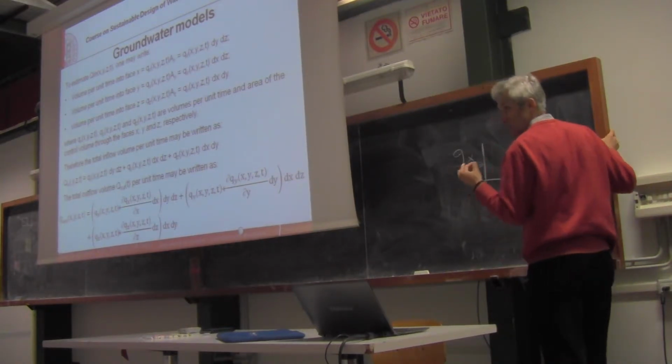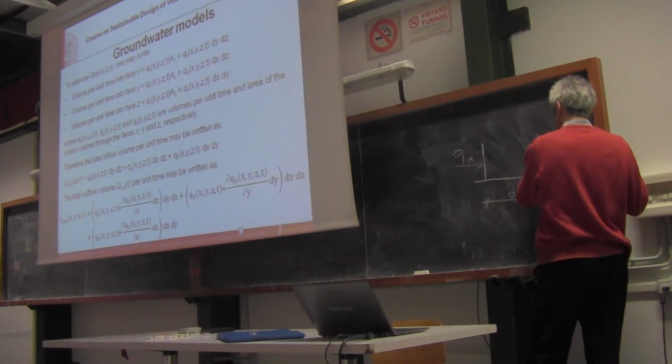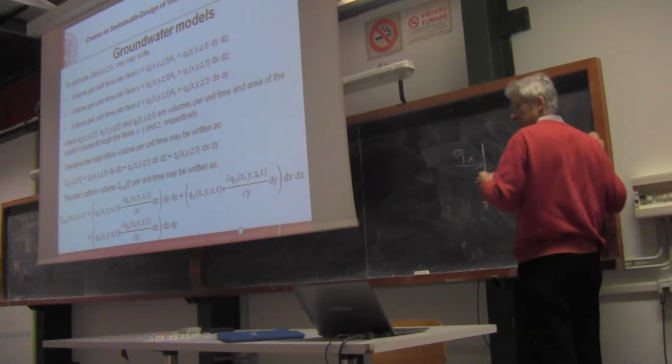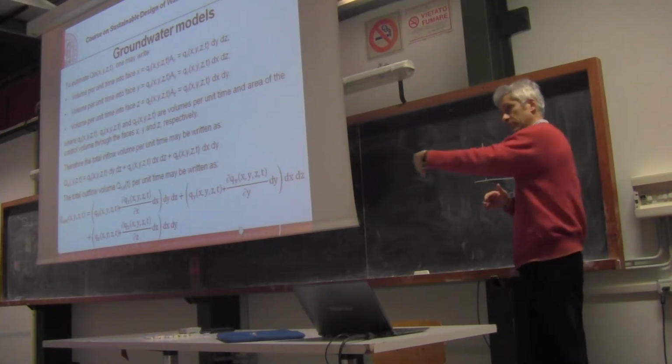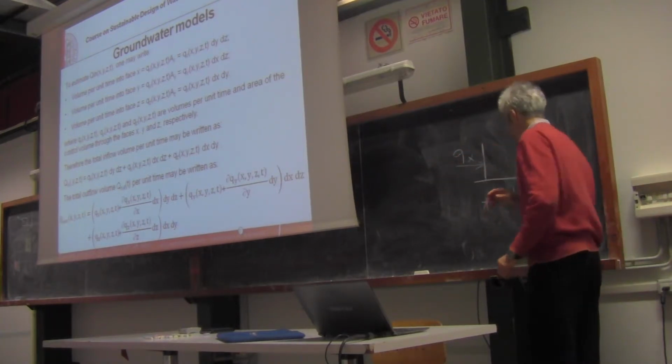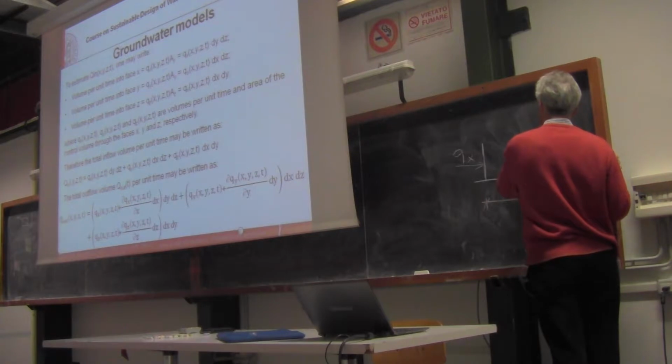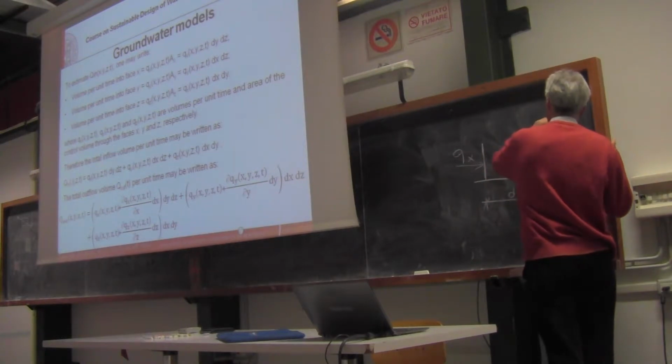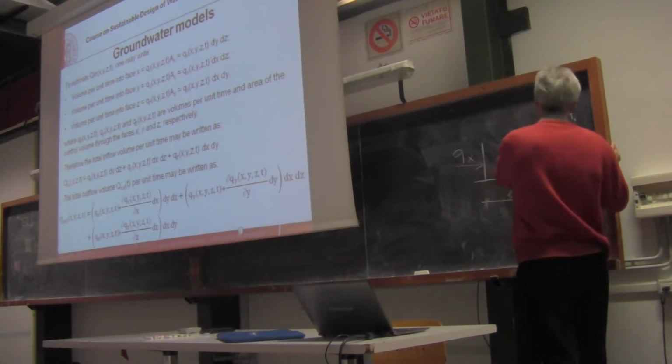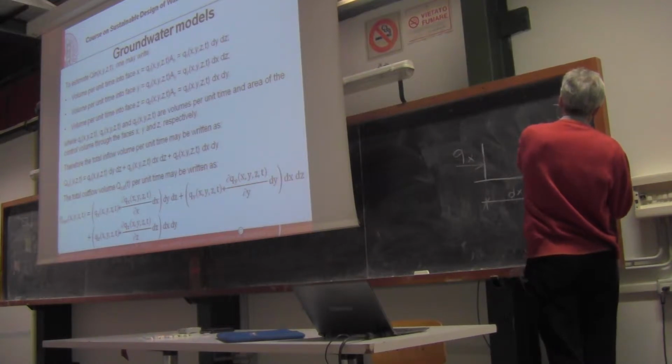Let's suppose that you have a flow through here, a flow that exits from the cube. What is the amount of this flow? It will be qx, lowercase q, plus the derivative of lowercase qx with respect to x, it's a partial derivative, times dx.